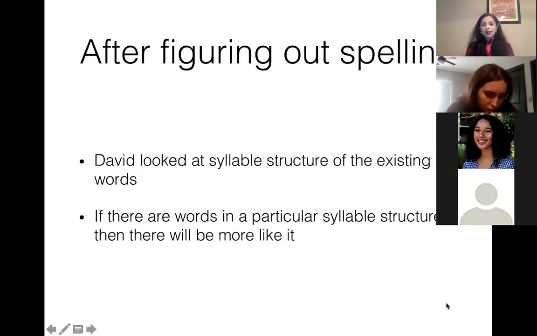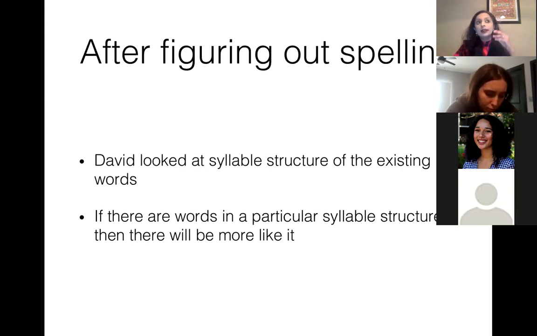So after he figured out the phonotactic constraints and the phonetic inventory, which is really where you should be starting as well for your constructed language, he moved on to syllable structures. He decided that now we can create more complicated words and decide on what the syllable structure should be for creating more words in Dothraki.